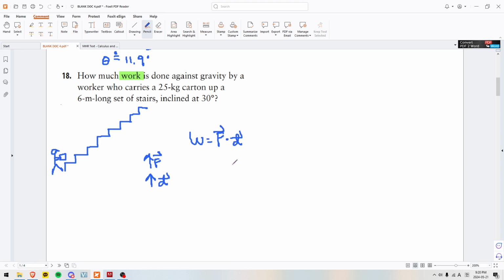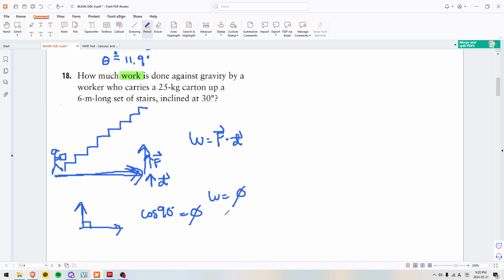So when I'm walking, I am actually not interested in the left to right. My force is up and down. If I was interested in the work done from left to right, the vectors are perpendicular. My cosine would be of 90 degrees, giving me a 0. My work done is 0. And so if my force is this way, my displacement is that way, no useful work is done. I'm going to erase all that.